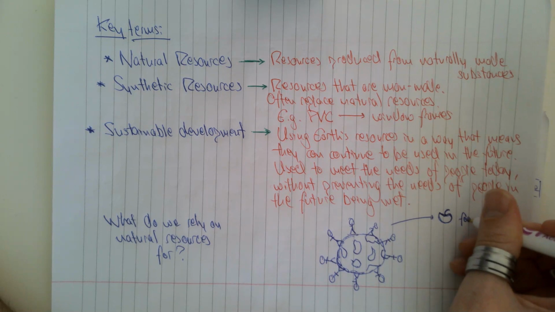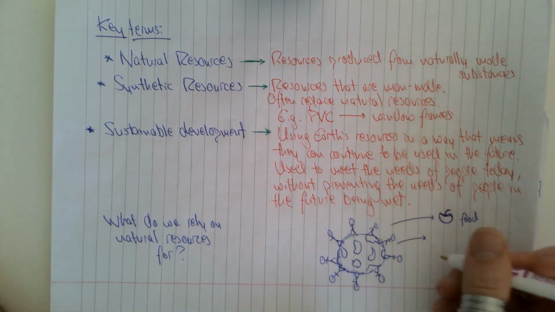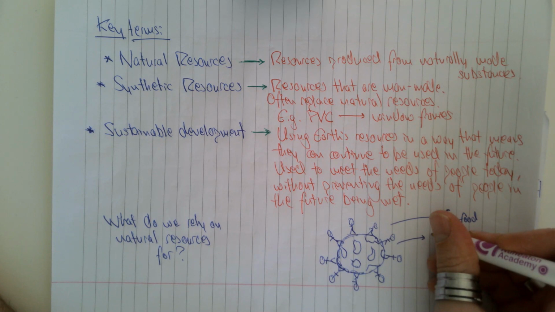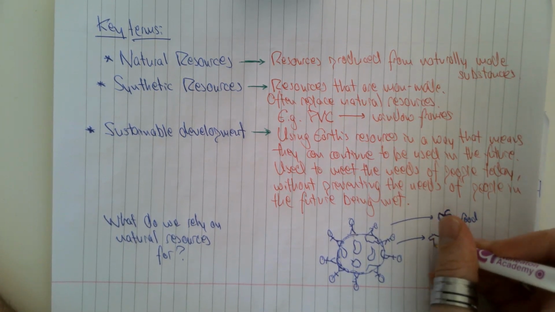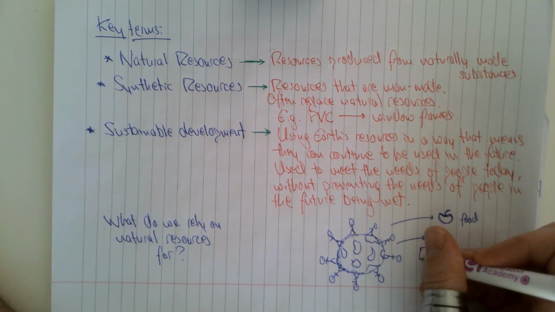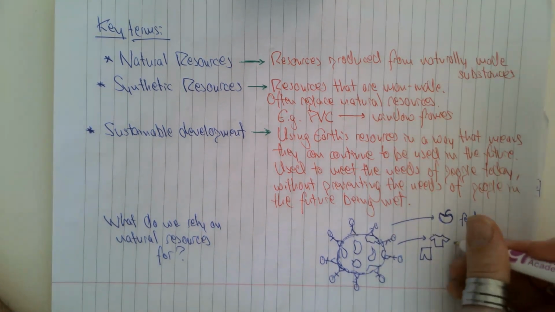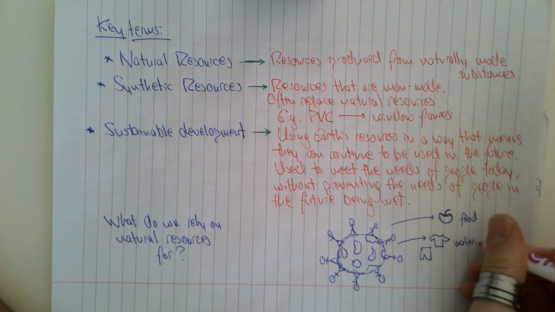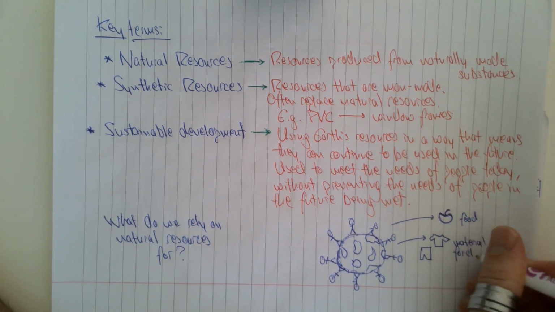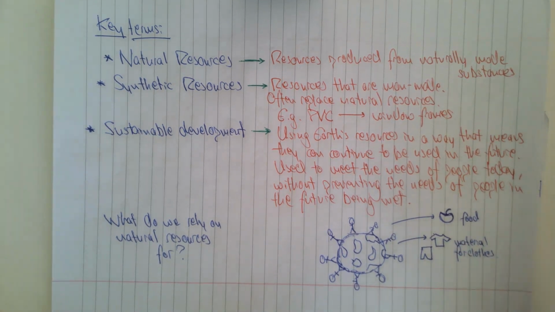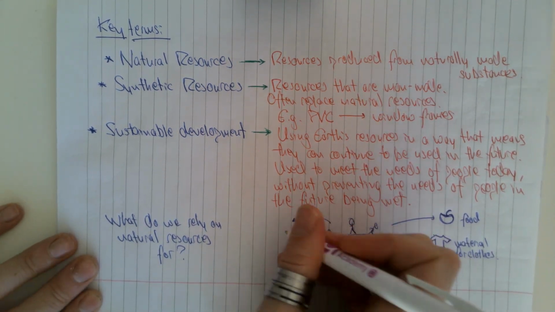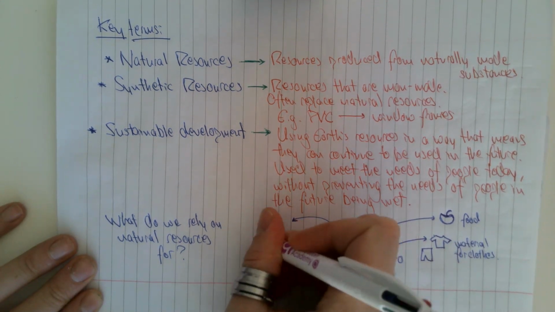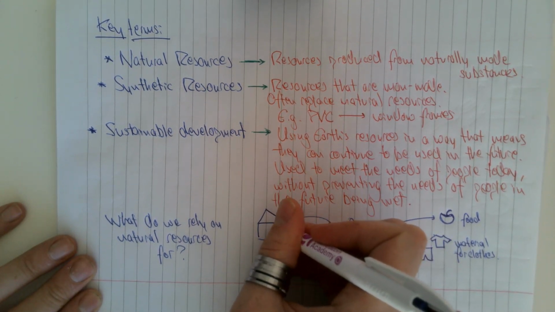Food. Food is an obvious one. We also need it, as we've talked about, with things like wool and cotton and silk as material for clothing. Material for clothes as well. Talk about building, I'm talking about things like windows and what have you, so materials for building homes and buildings and schools.